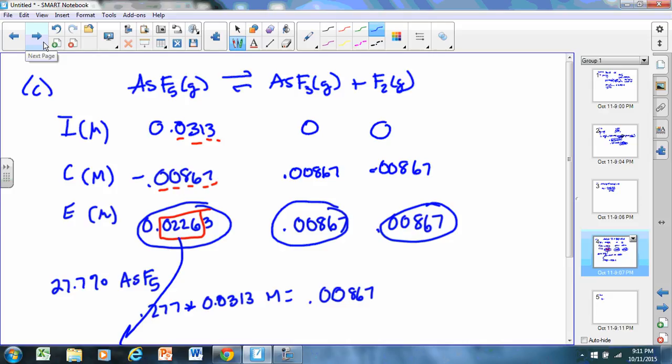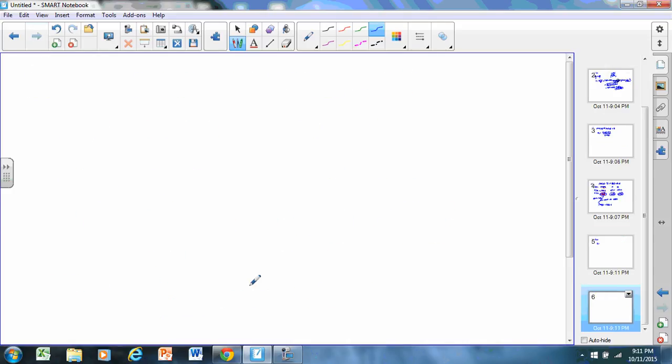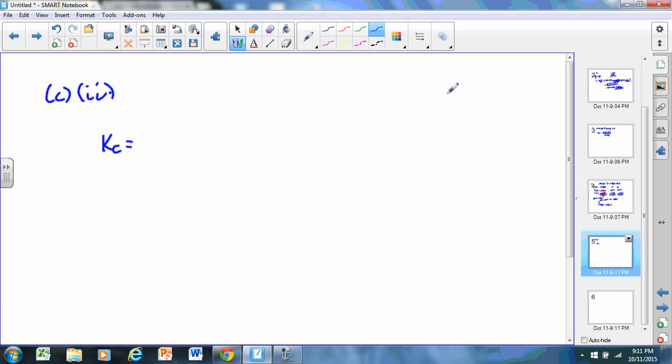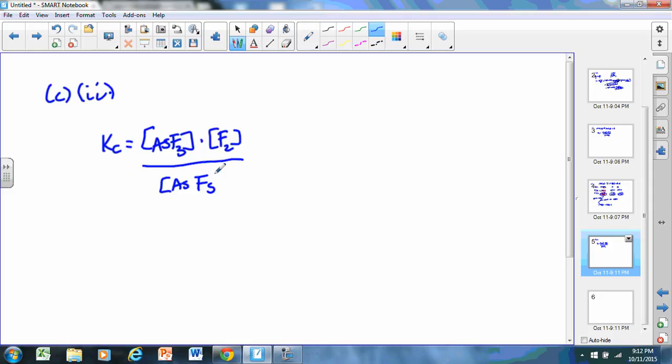Remember that K is the concentration of AsF3 times the concentration of F2 over the concentration of AsF5.